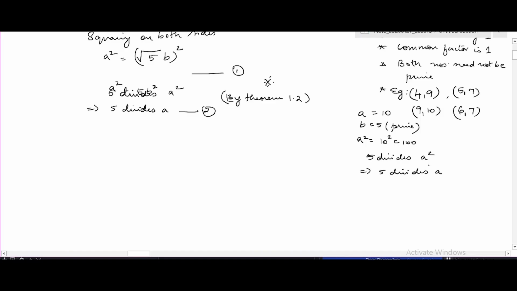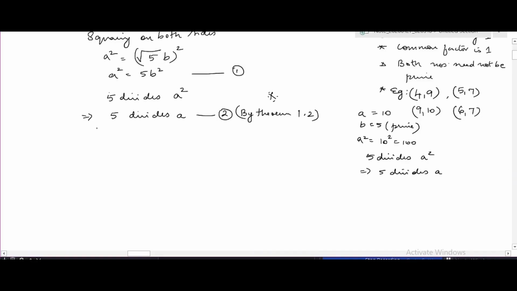This means that 5 is a factor of a. Okay, now let a is equal to 5c. Again squaring, we get a squared is equal to 25c squared. Okay, this is 3.